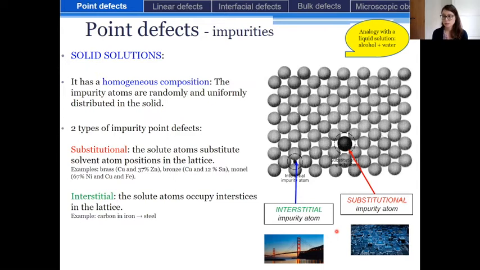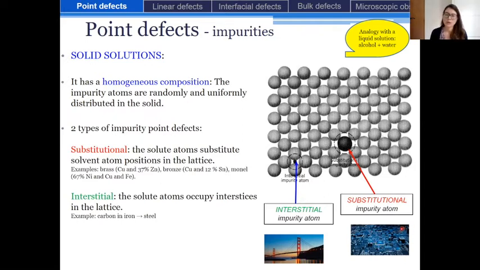In the case of solid solutions, we have homogeneous compositions. And so two kinds of defects can be found in solid solutions. Either substitutional, which is the example of the silicon semiconductor with some phosphorus atoms that we introduced. So basically, this is a substitutional solid solution.